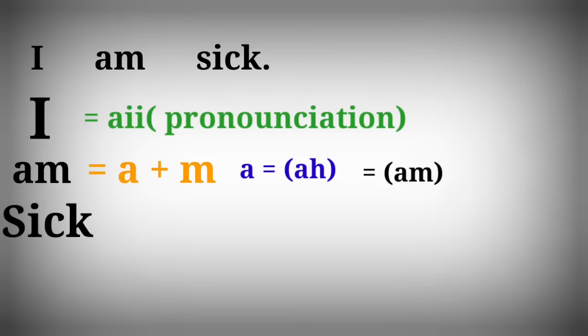Sick. Let's first consider the first three letters: S, I, C. Is that a vowel letter? Yes, it is I. But how is I pronounced according to vowel letters? E, forming the sound si.